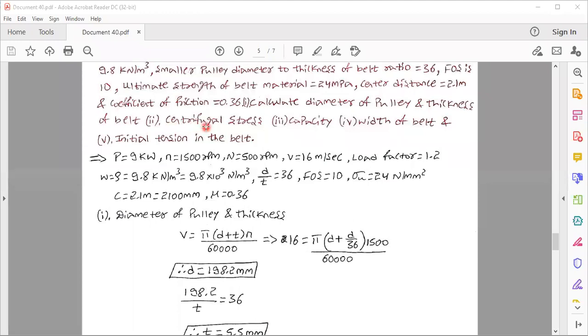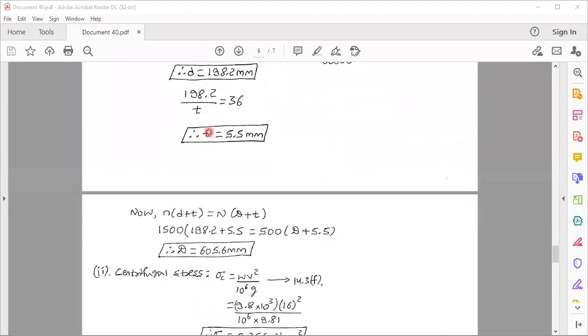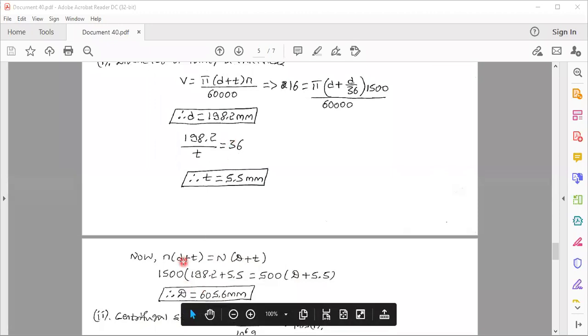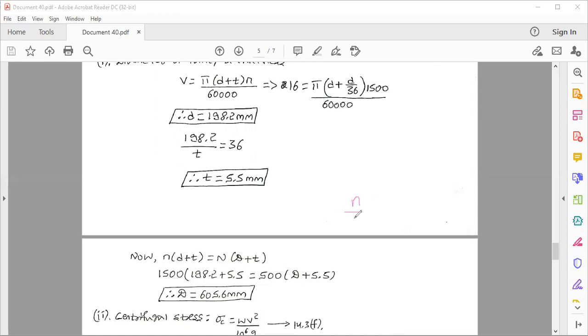Next he has asked you to find out the centrifugal stress. You have calculated the diameter of the smaller pulley. Next you need to calculate the diameter of the larger pulley. From the velocity ratio we know that the formula is small n divided by capital N is equal to D by small d.